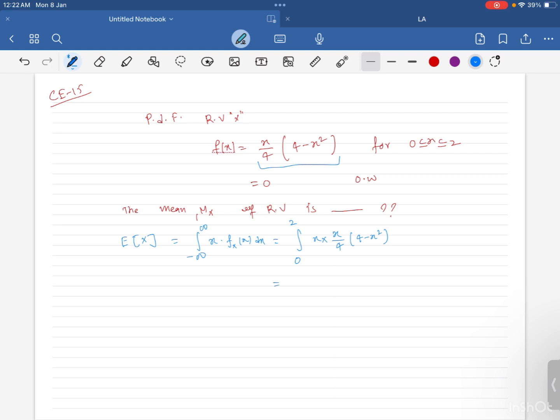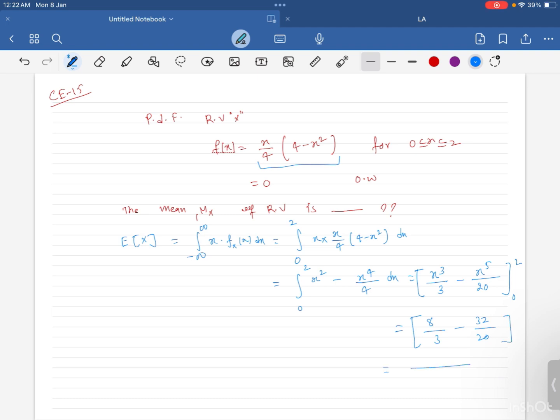So from here we will have the integral from 0 to 2 of x square minus x to the power 4 divided by 4 dx. So that will be x cube divided by 3 minus x to the power 5 divided by 20, right? And the limit will go from 0 to 2, and that will be 8 divided by 3 minus 32 divided by 20 and minus 0, right?